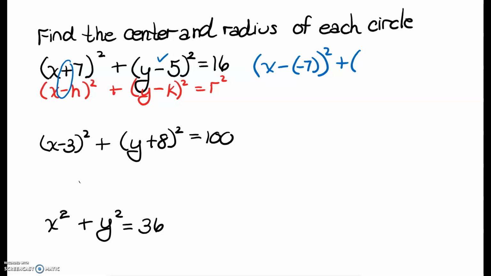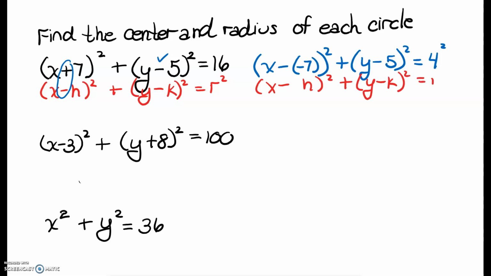Whenever you have a positive, you need to turn it into a subtraction of a negative. What squared is 16? 4 squared is 16. So now when I write this, you can clearly see what h and k are and what r is. So my center is going to be -7, 5, and my radius is 4.